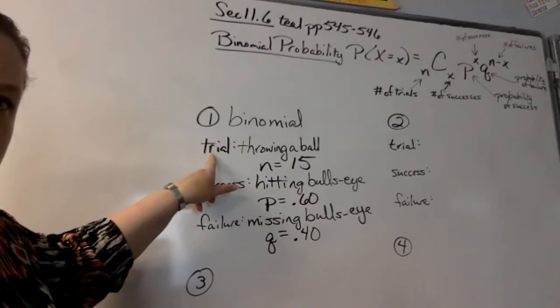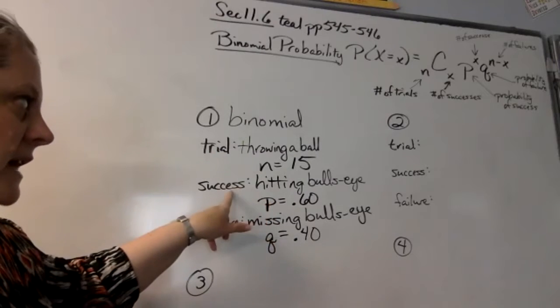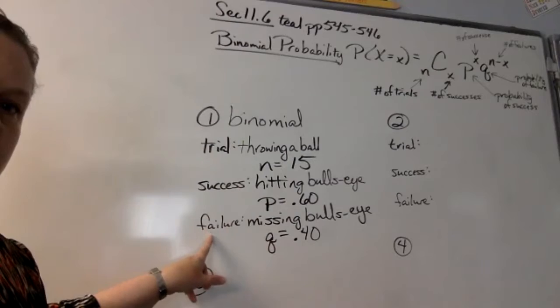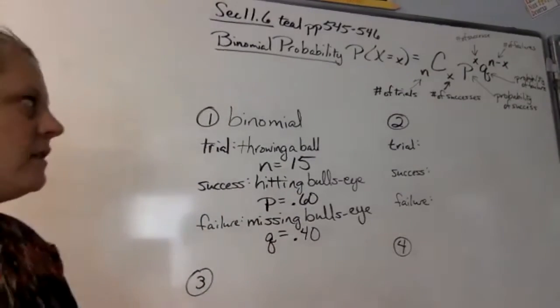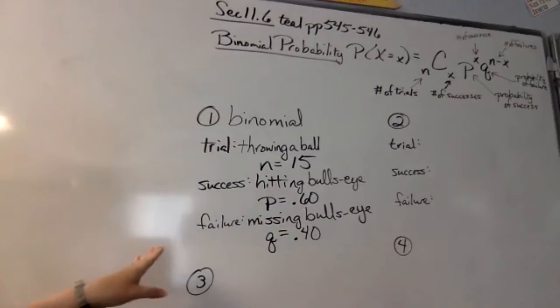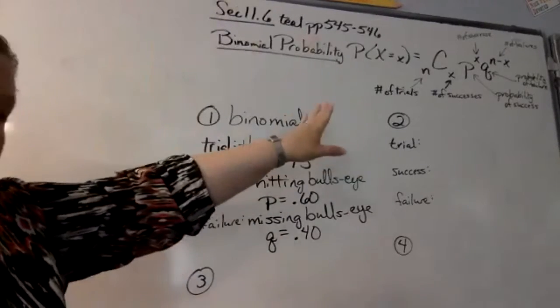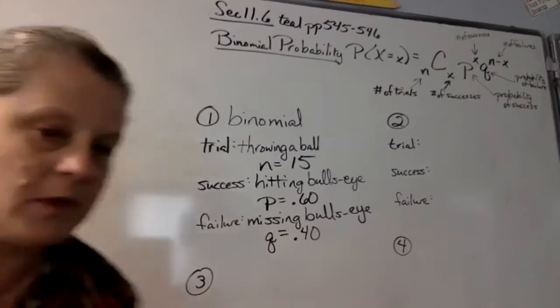It tells you how many times they were doing it. We have our P, our probability of success, and we have our Q, which is our probability of failure. Okay, so those are what we're looking at on here, and we're going to be using this. You got to make sure you start getting the idea of what these things are, because we have to be able to identify them to actually put them in the formula when we're solving the last problems.